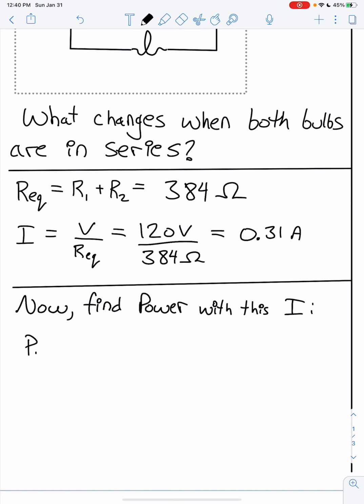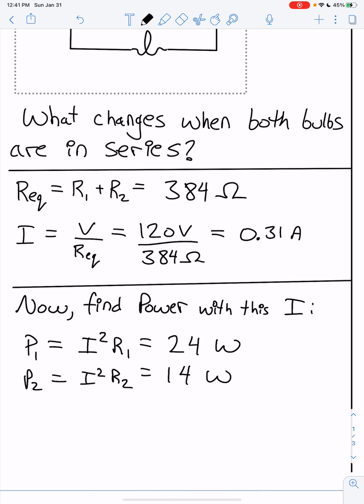Well, the power from the first light bulb, we'll say, is I squared R1, and that's 24 watts. And the power from the second bulb, again, I squared R2, and that's 14 watts.